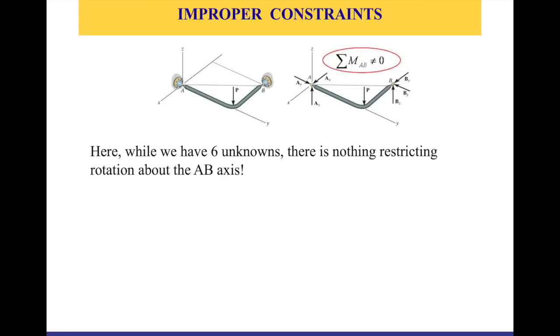However, there is nothing restricting the rotation around the AB axis, which means the summation of moments is not equal to 0, because this can rotate around the axis. If you're pushing it here with this P force, there will be a moment and rotation around the AB axis, which means that the summation of moments is not equal to 0. So that's not a stable structure. And that's what I meant, that the structure should be held properly by the constraints.